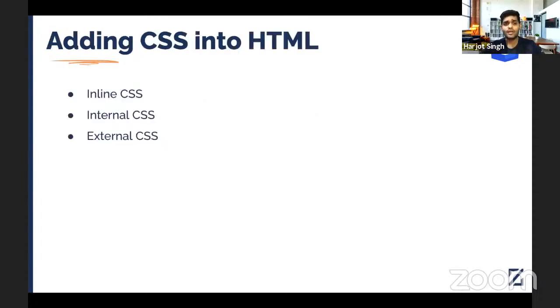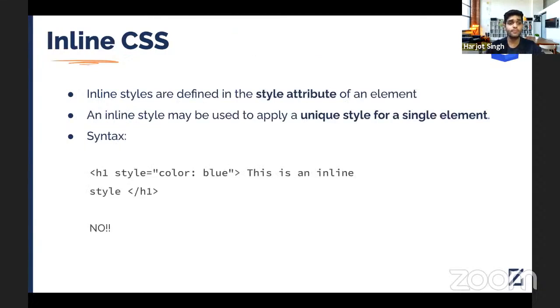That's how you actually declare CSS code. And then how do you add CSS into HTML? There are 3 ways. The first one is inline CSS. Then we have internal CSS and then external CSS. I'm going to go through all 3 of them. The first one is inline CSS. What we do here is define all the CSS code inside the style attribute of an element.